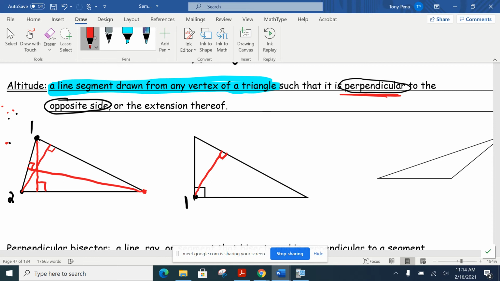Now, where this one gets a little tricky is angle 2. Let's do angle 2 first. So now try to draw a line that goes to the opposite side so that it's perpendicular to the opposite side.